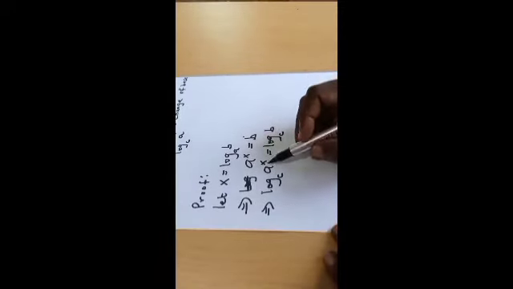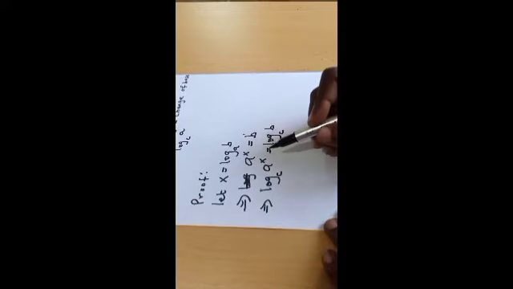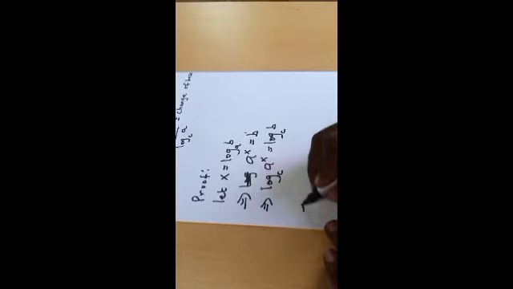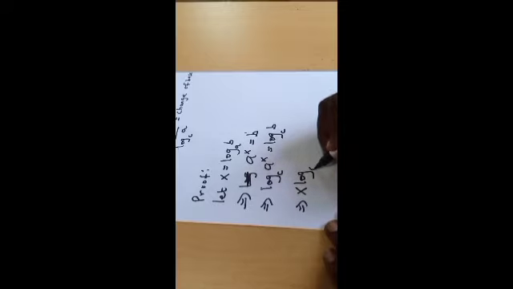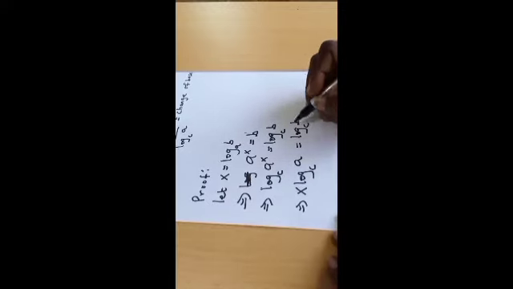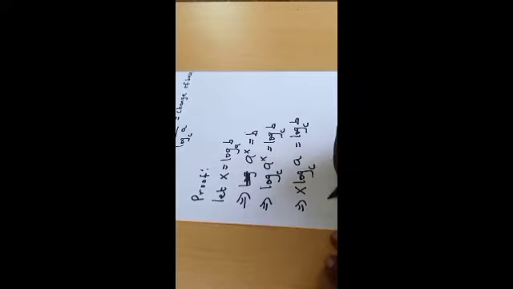From our previous lesson, we noted that log base c of a to the power x is also equal to x times log base c of a, because the x will come here. That will be equal to log base c of b. Now we are looking for x, so what do we do?